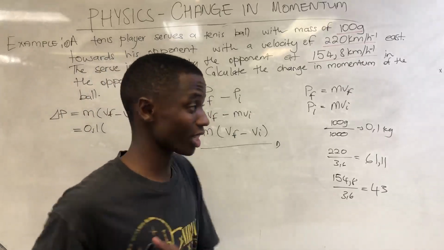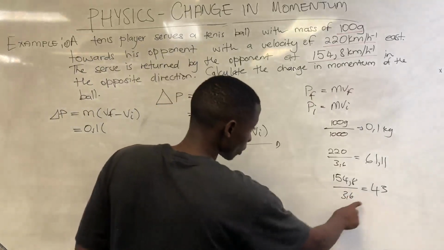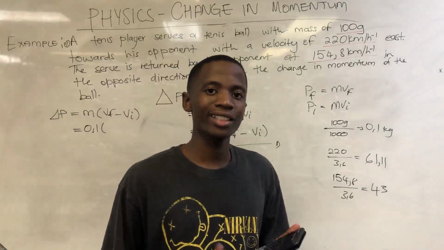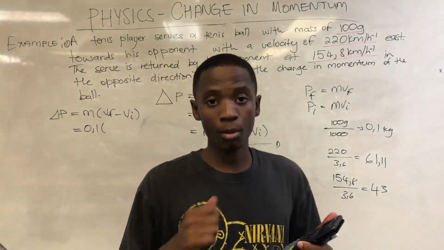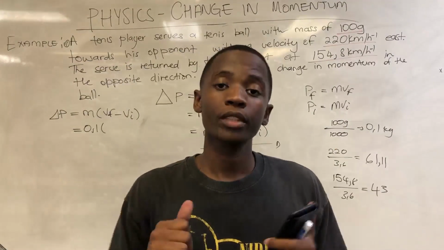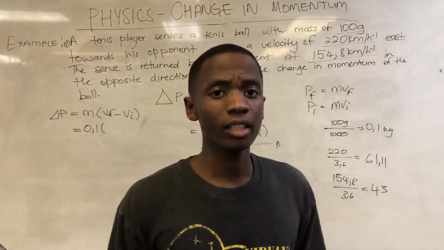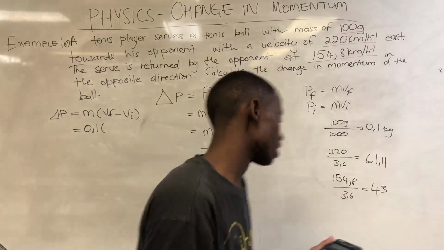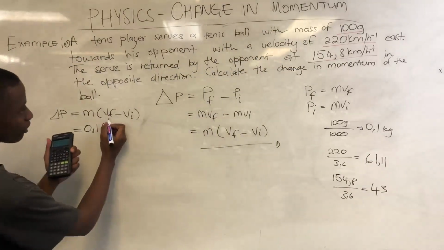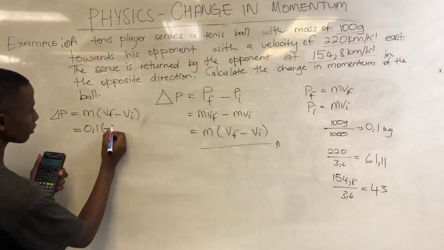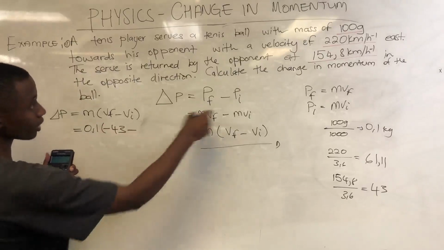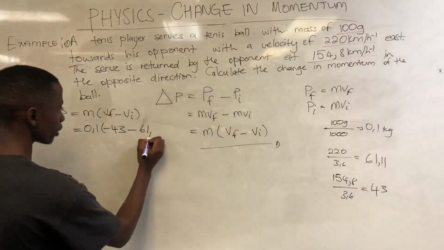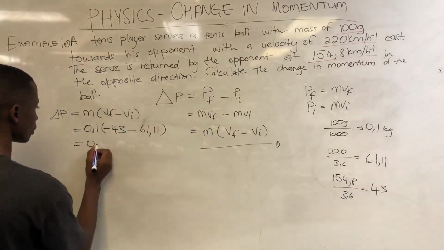So this is equal to 43, and mind you, it's going to be negative because it changed direction. Mind you that momentum and velocity are vector quantities, or vectors, because they have magnitude as well as direction. So the final velocity will be negative 43 minus the initial velocity, which is 61.11. So this will be equal to 0.1.